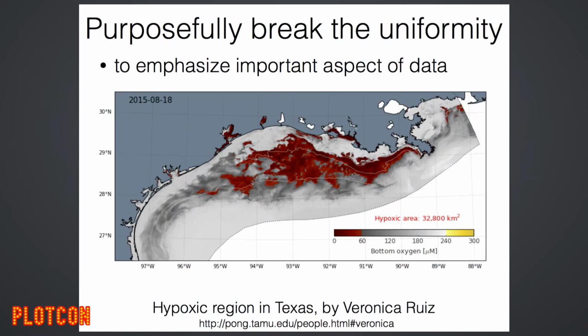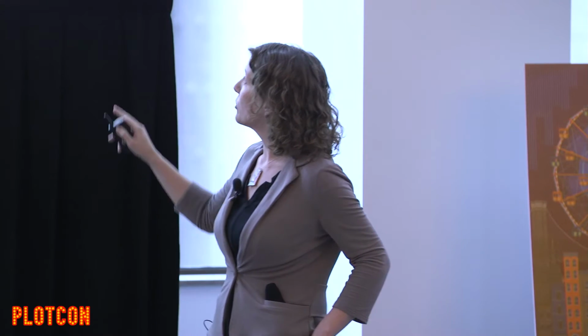We have the Mississippi River Delta there in the little boot coming out for Louisiana, for reference. Most of the scale is grayscale, showing bottom oxygen, but the lower part there is shown with an additional red hue to highlight this important biological range, which is for hypoxic water. So this is showing regulatory agencies really easily, here's the important stuff that's going on.